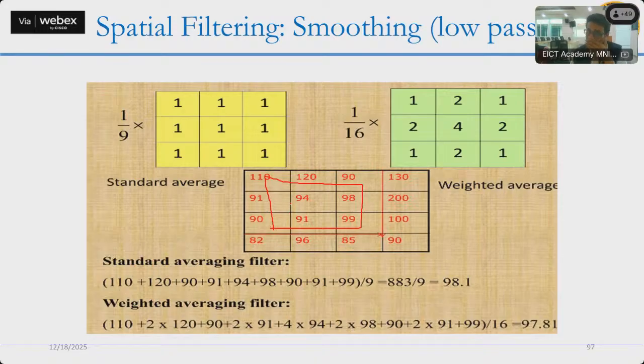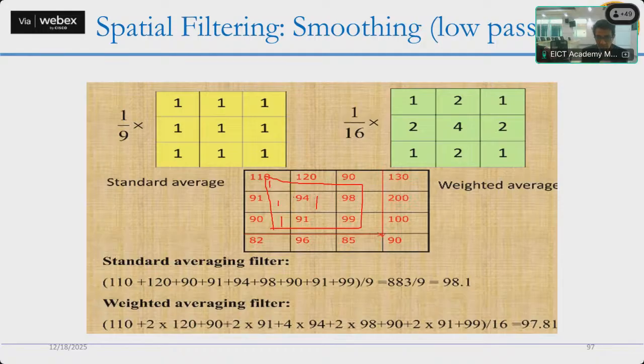So this is the one. This is where this one will coincide here. So 1 into 94, and that's what we have written, 110. If 1 will come here, 1 will come here, 1 will come here also.